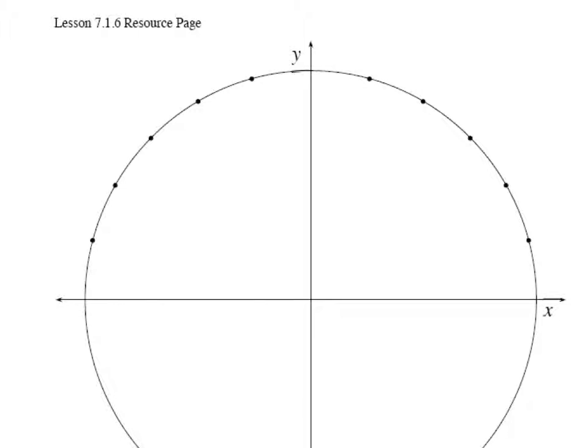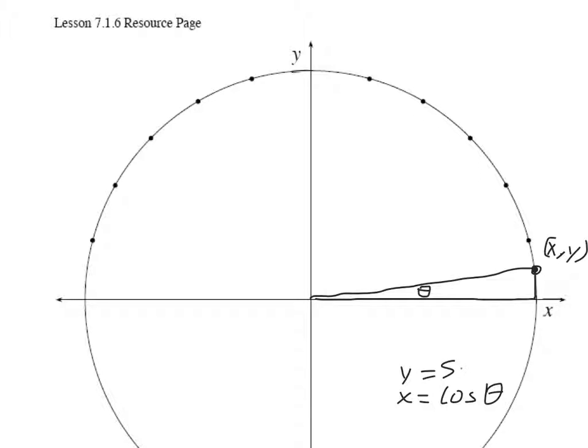Now, from our previous work, we talked about every point on a unit circle, no matter where it is, right here, having the coordinates of x, comma, y, where x is equal to the cosine of theta and y equaling the sine of theta.